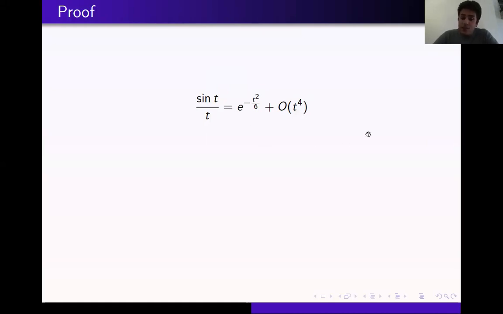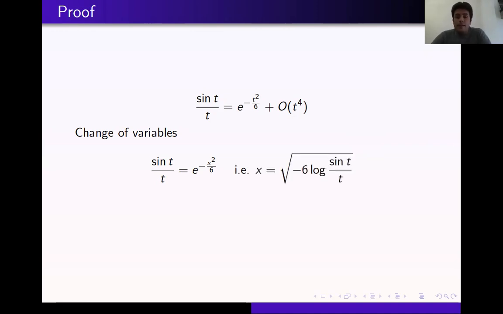This is suggesting a change of variables. Exactly this change of variables: sine of t over t equals e to the minus x squared over 6. And this can be written explicitly, x of t in terms of t, being equal to the square root of minus 6 log of sine of t over t.